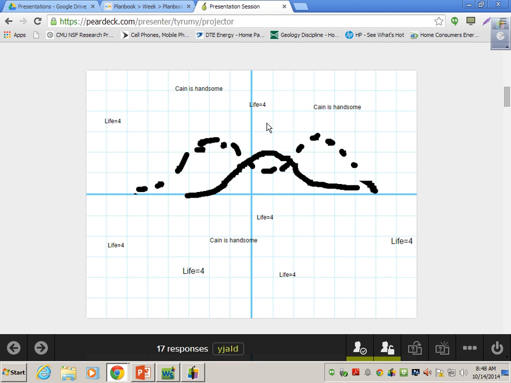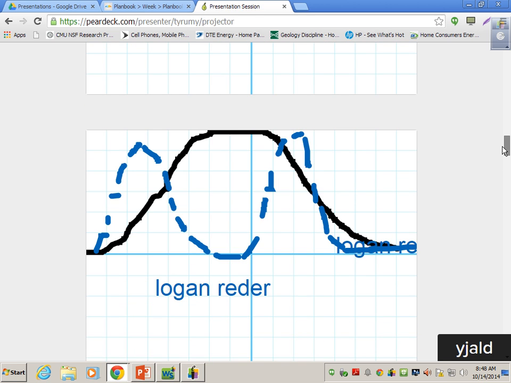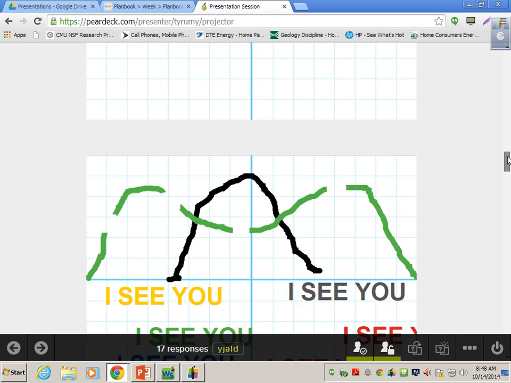I like that. Oh, all this stuff. I didn't read. Life equals 4. For life. For what? Carbon. Okay. Yes. Logan Reader. That works. Eliminating again. Anything that eliminates the average, and I get 2 peaks on both. Okay.